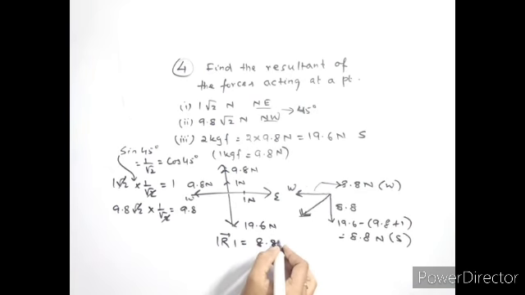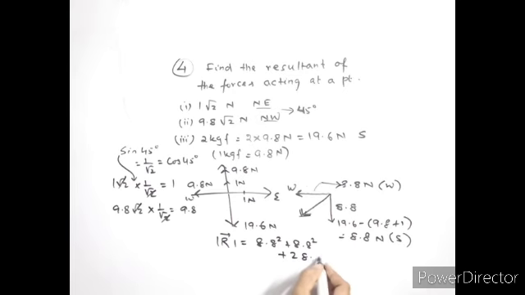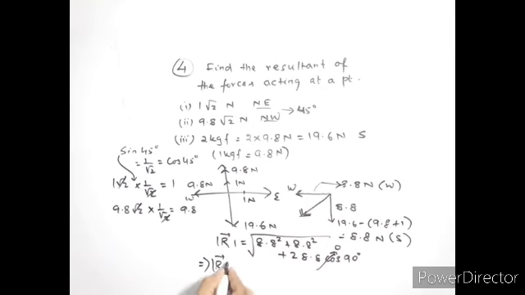So that is 8.8 squared plus 8.8 squared plus 2ab cos theta, that is, 2 times 8.8 squared cos 90. So cos 90 goes to 0, and we are left with the root over 2 times 8.8 squared.